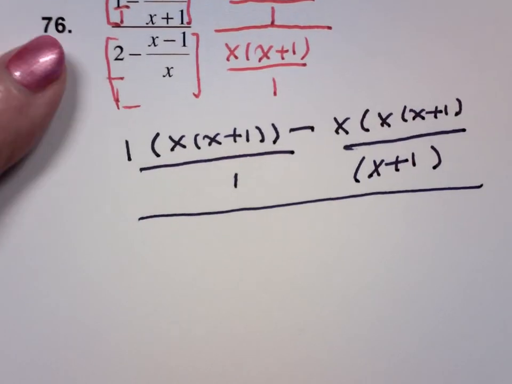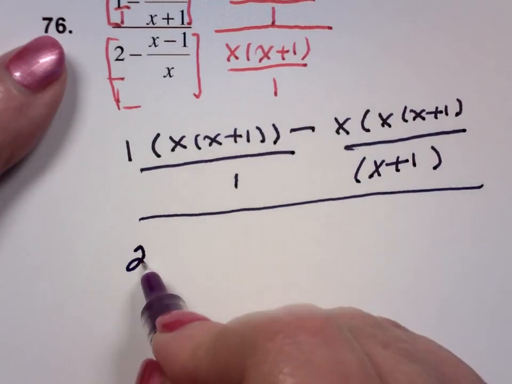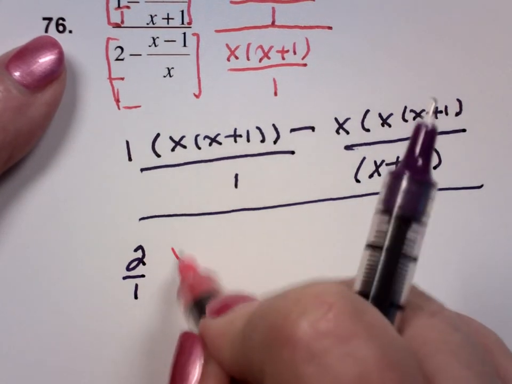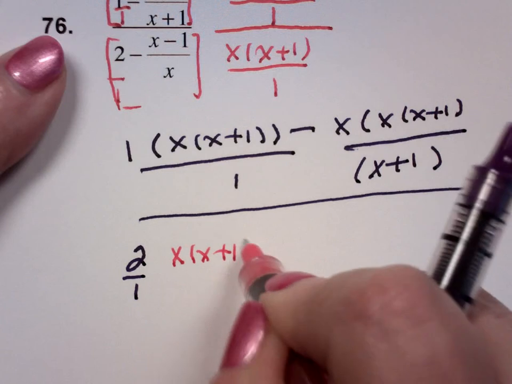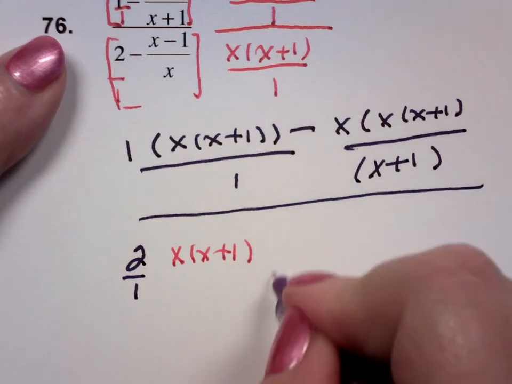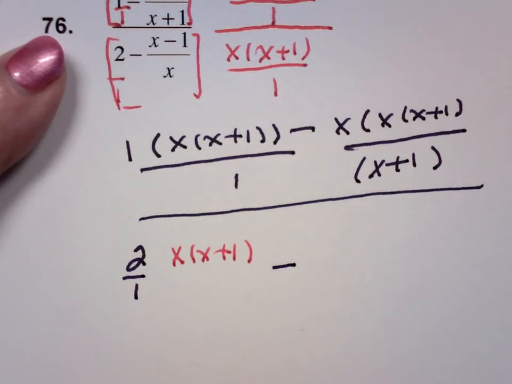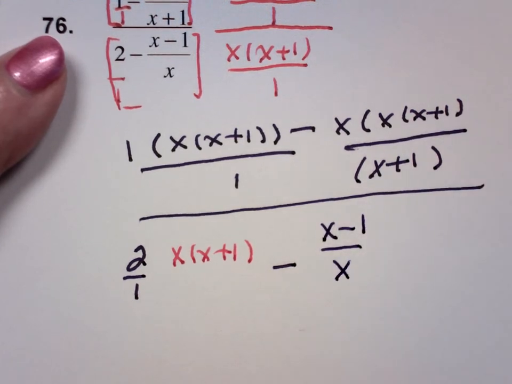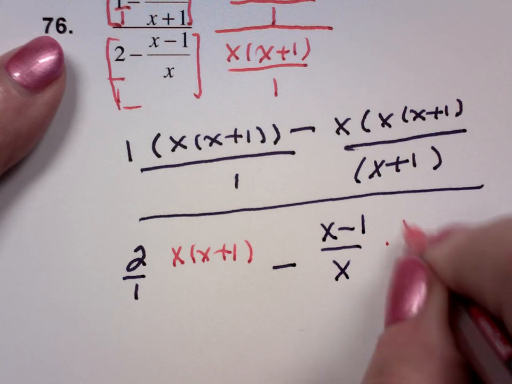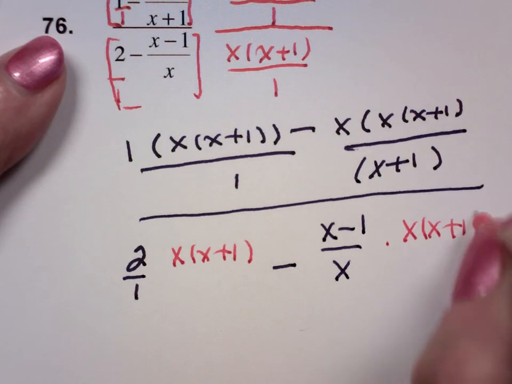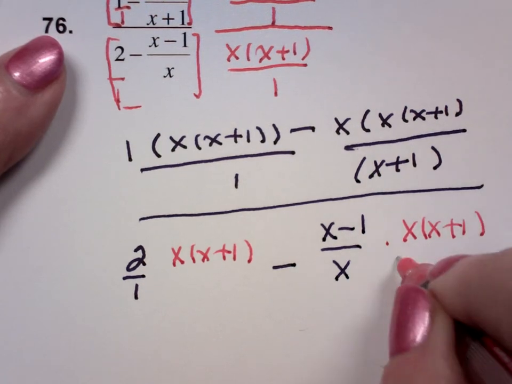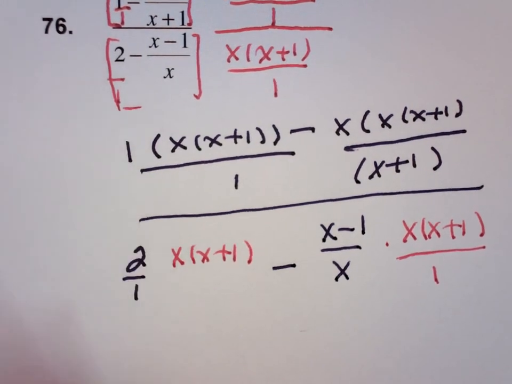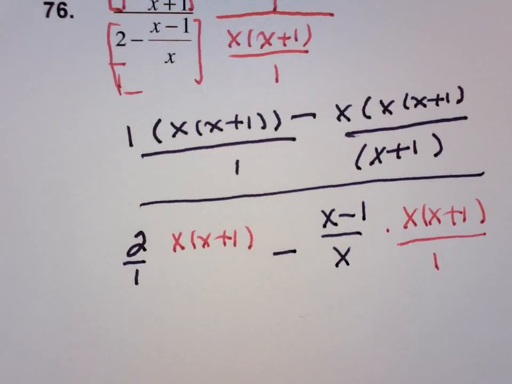With the denominator, this becomes 2 over 1, and I think I'm going to do this a little differently. This becomes x times x plus 1 minus x minus 1 over x times x plus 1 over 1, which is what I actually did in the numerator, and I kind of did a little too quickly, sleight of hand.